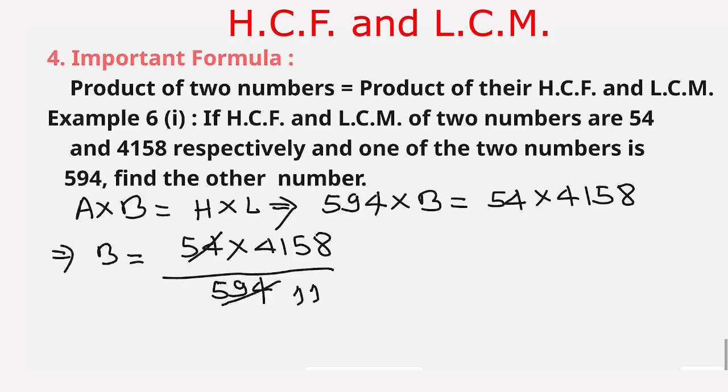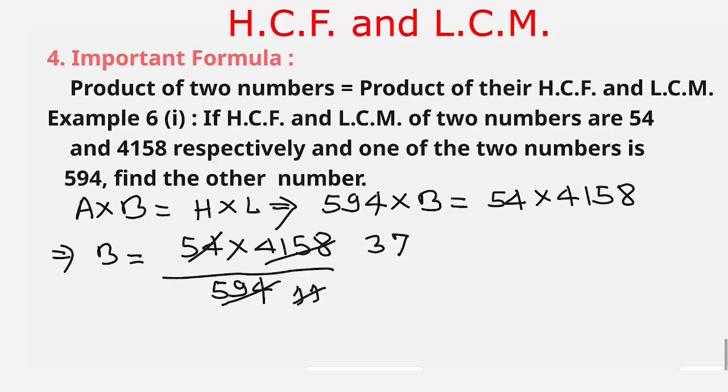Now we divide 4158 by 11. 11 times 3 is 33. 41 minus 33, the balance is 8. We carry 5. 11 divides 85 for 7 times. 11 times 7 is 77.